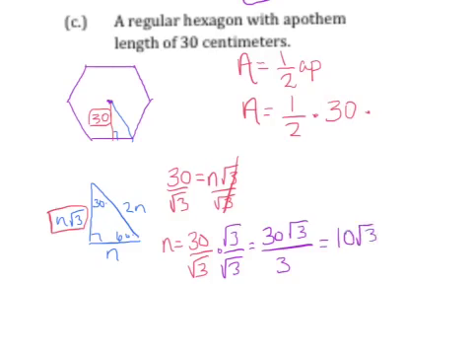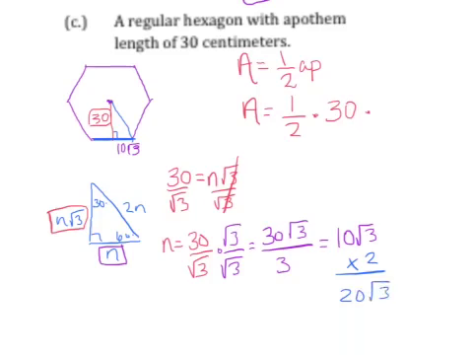Well, n is down here, which means this piece is 10 root 3. But I want to know this length, so I'm going to have to double that. So 10 root 3 times 2 would give me 20 root 3.